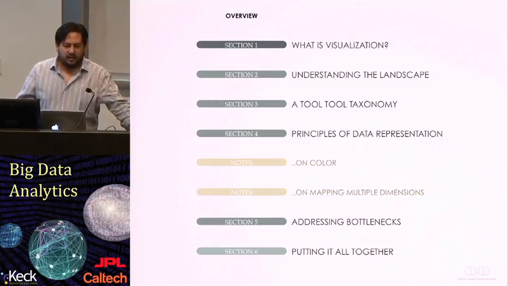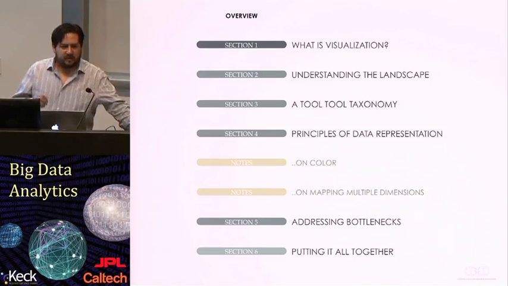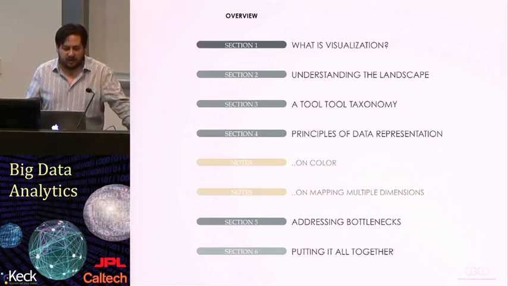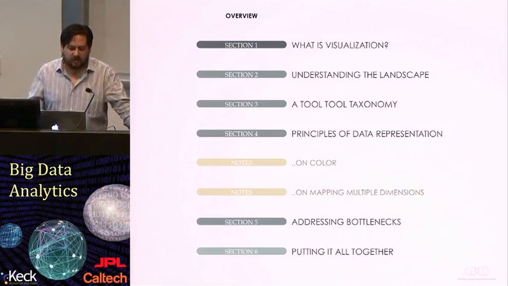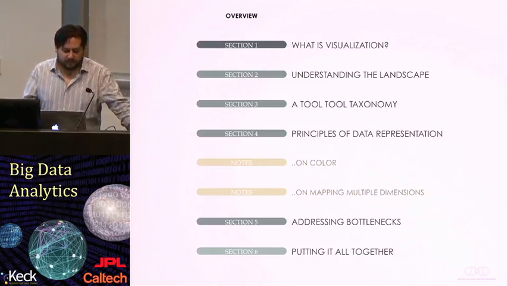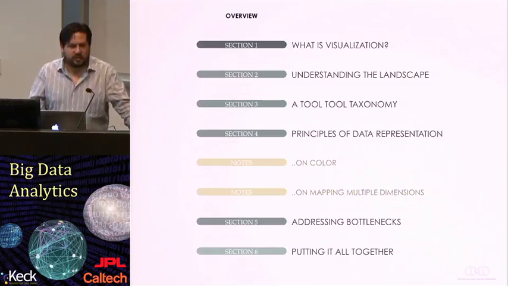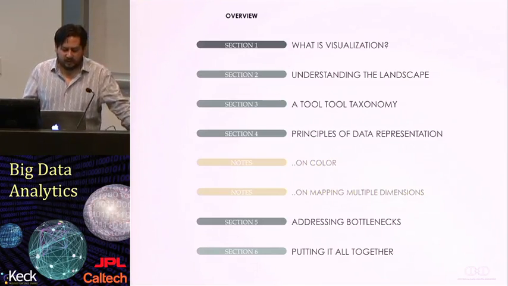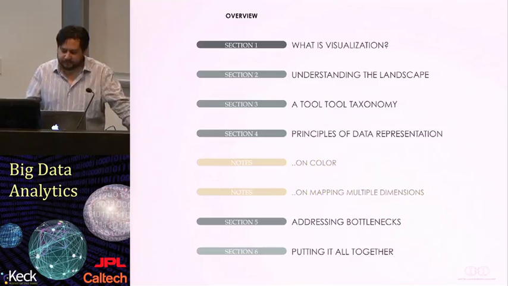And then finally, we're going to end this first part by talking about different ways to represent your data and principles of data representation. We'll go into a detour about how to use color, as well as how to map many data variables into one single data point. The last 2 sections cover how to address bottlenecks as your data grows in size, and finally, how to put it together, and we'll see an example of an actual visualization work that we did.